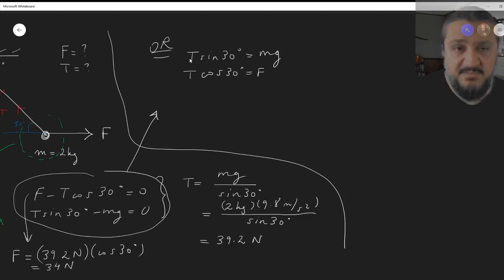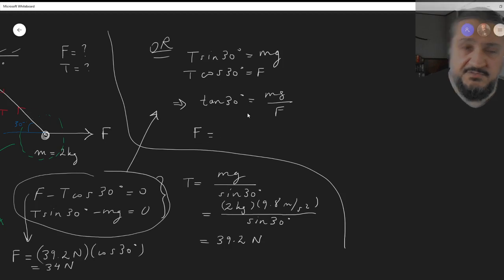Okay, and then same thing. Divide the first equation by F. F is T cosine 30, so you have T sine 30 over T cosine 30, which is T's go away, and you have tangent. Tangent 30 is equal to mg over F. In other words, F is equal to mg over tangent 30. m is 2, g is 9.8, divided by tangent 30.